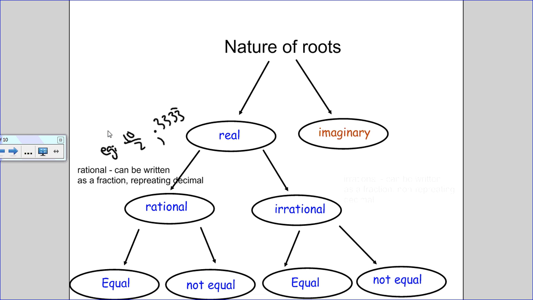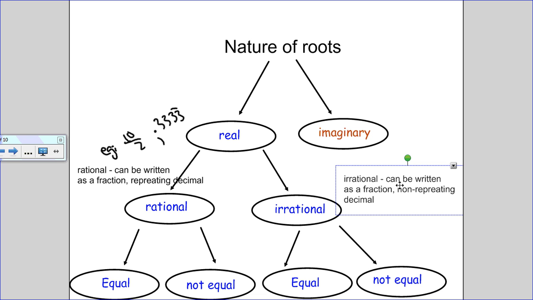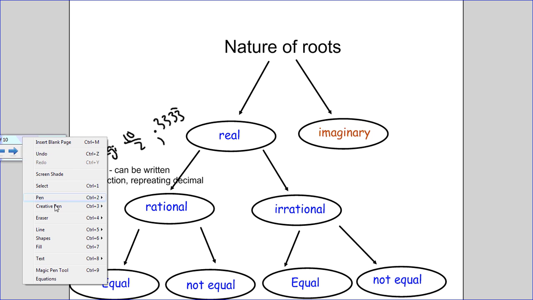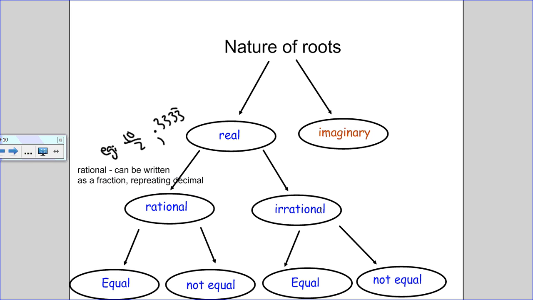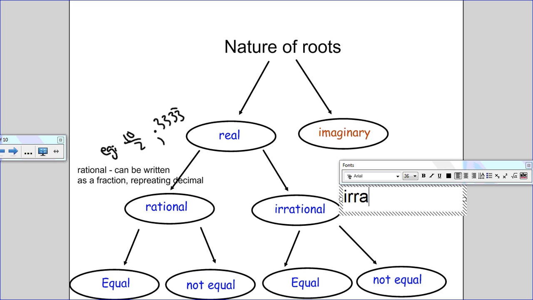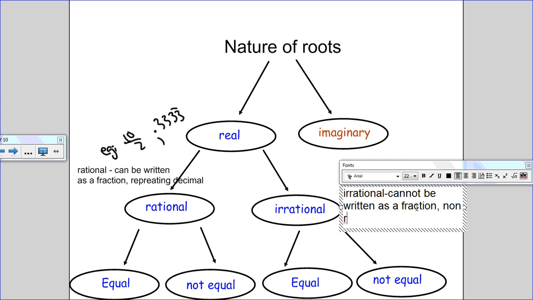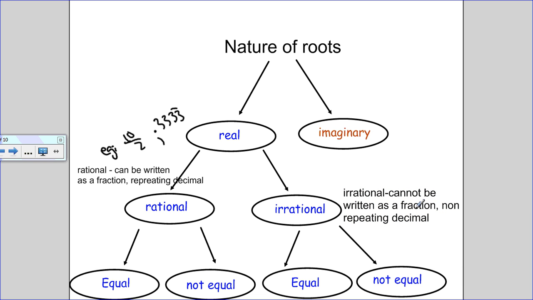What is an irrational number? An irrational number is a number that cannot be written as a fraction. Let me correct that. Irrational is a number that cannot be written as a fraction, and it has a non-repeating decimal. So for example, radical 2 is irrational.